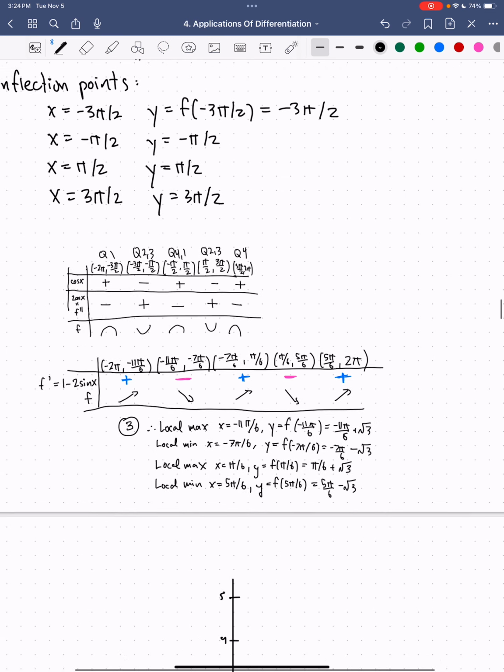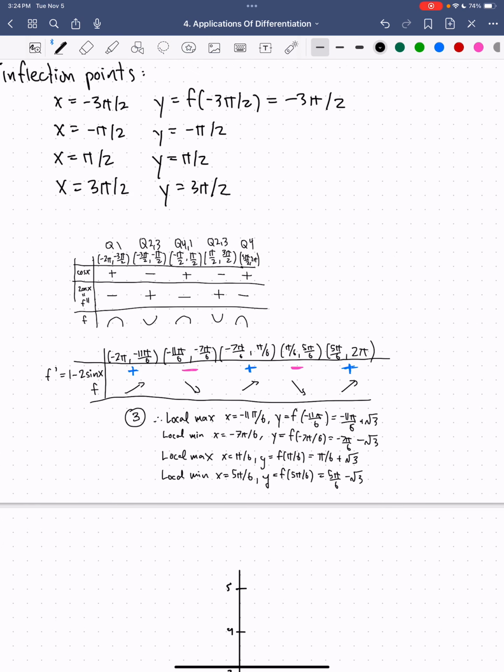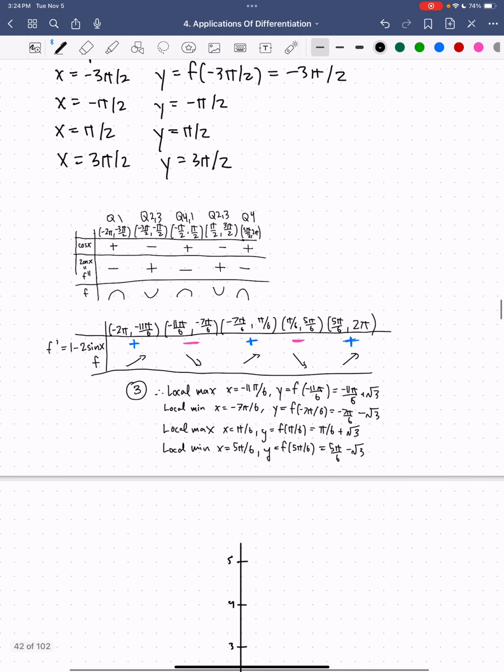Okay, so I'm going to just work out what some of the y values are as decimals, roughly, just to estimate. Let's see, so for our first local max, this negative 11 pi over 6 plus root 3, I'm going to use that root 3 is roughly 1.7. So negative 11 pi over 6 plus root 3.